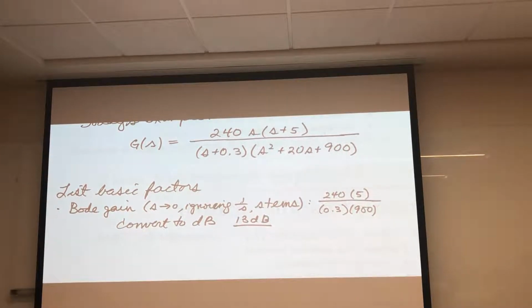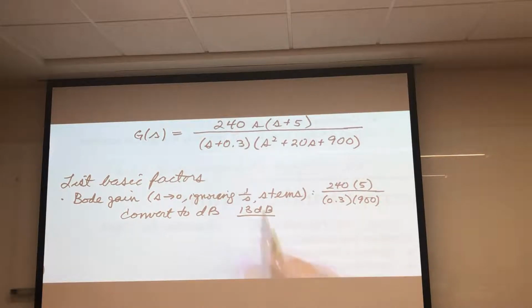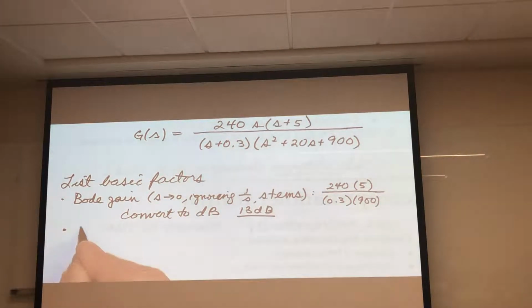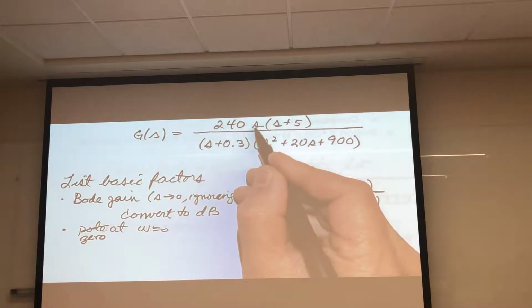The next thing we do is I list all the other factors that I've got. Okay, so I got 13 dB is one, and then I've got this factor. Oh, I'm sorry, this is a 0, not a pole. This is a 0 at omega equal to 0. It's the numerator term.